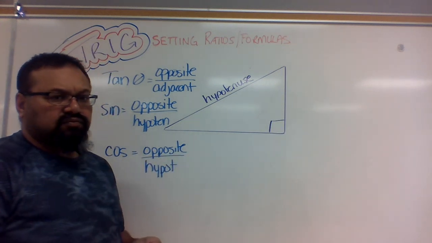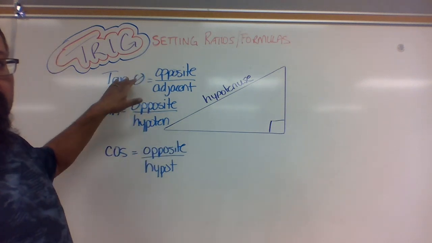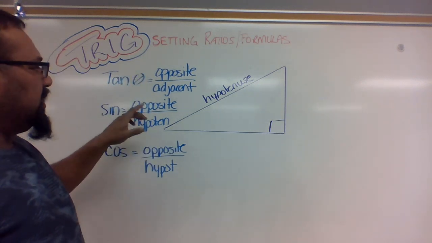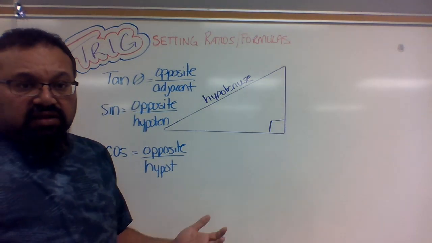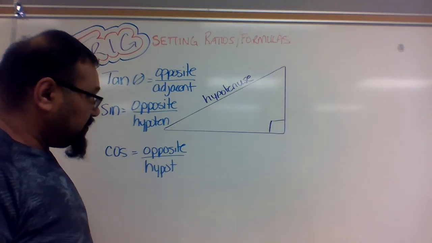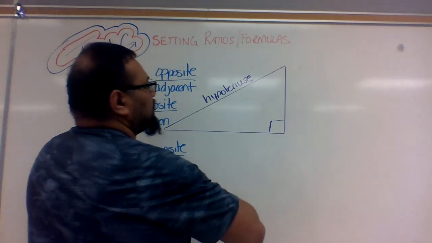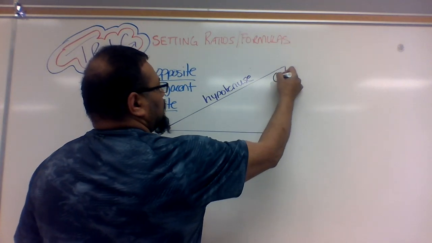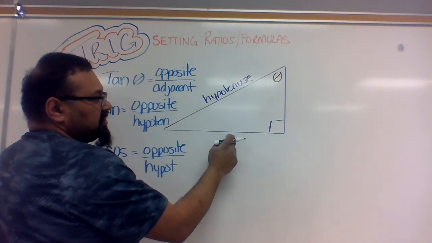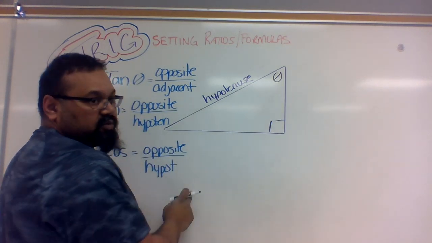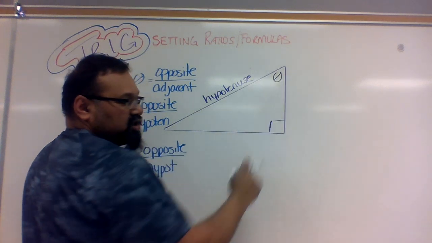Now, they all are determined by where the angle we need is actually situated. So for example, if the angle is here, we know that working with tangent, this becomes the opposite from our previous video, and this becomes the adjacent.